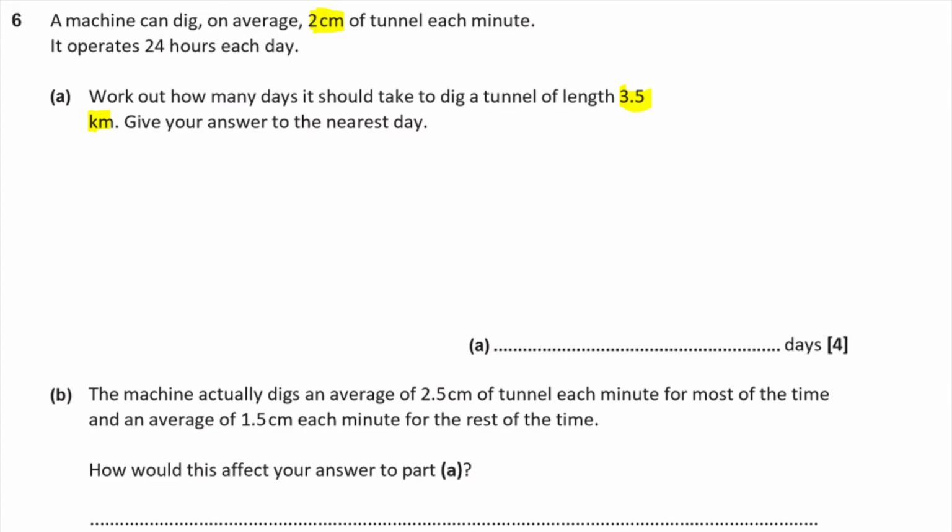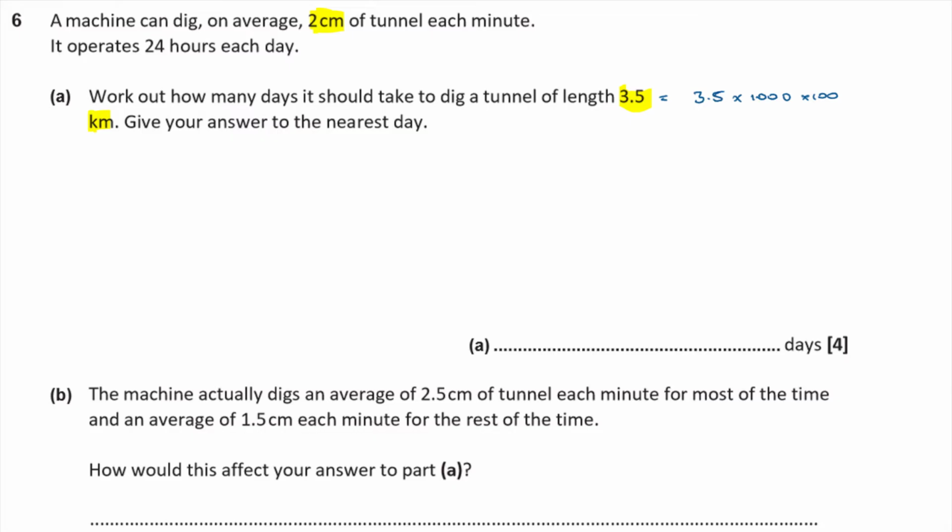I don't know which is best to do at the moment. Maybe if we convert 3.5 kilometers into centimeters, it's going to be a lot of centimeters. So what's this in centimeters? 3.5 kilometers. Well, to get it into centimeters, there are 1,000 meters in a kilometer, and there are 100 centimeters in a meter.